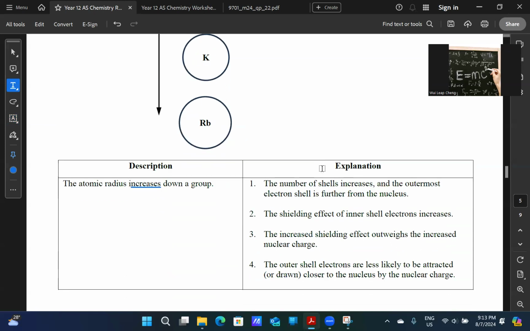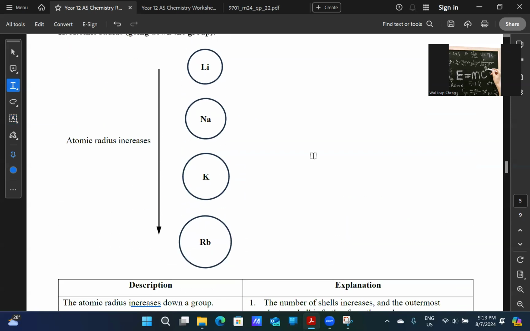Why does the atomic radius increase down a group? As you know, lithium is from period 2. What is meant by period 2? It has 2 electron shells, okay?